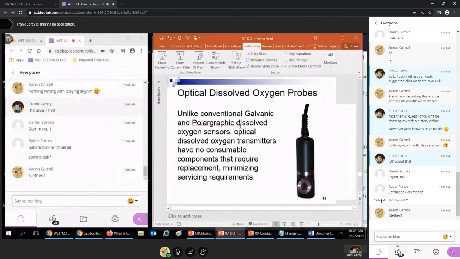Like I mentioned, the LDOs, luminescent dissolved oxygen probes, need very little calibration. The only thing you have to maintain with them is the luminescent covering on the probes. It can wear out over time. The recommendation is to replace them at least every 2 years.